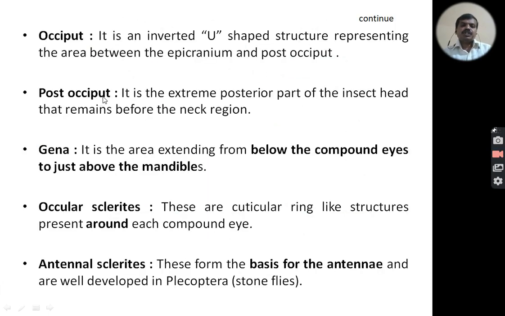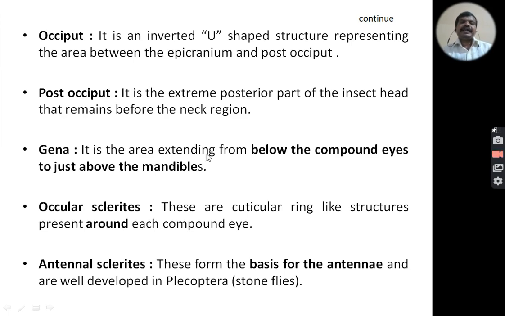Next is the post-occiput. It is the extreme posterior part of the insect head, and it remains before the neck region. It is present at the base of the head, and before the neck commences, the post-occiput suture is present. The next is gena.